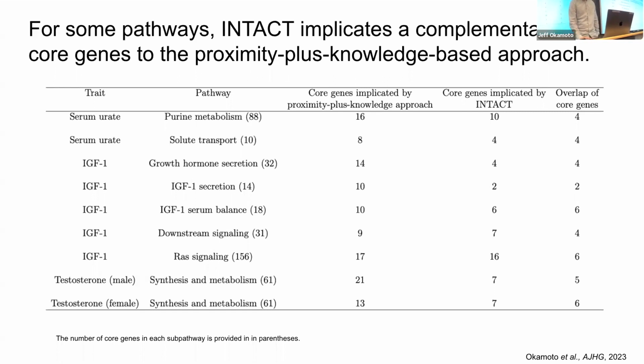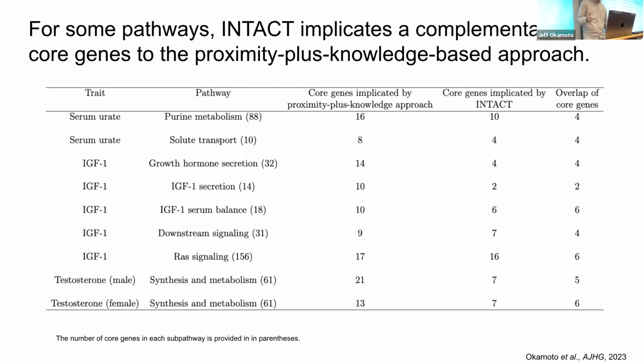Okay, so now we're going to look at the performance of INTACT in implicating what we call those core genes in comparison to the proximity plus knowledge-based approach. Now we're further breaking down each trait by subpathways. The pathway column gives the name of the subpathway, and beside each name is the total number of core genes in parentheses for that subpathway.